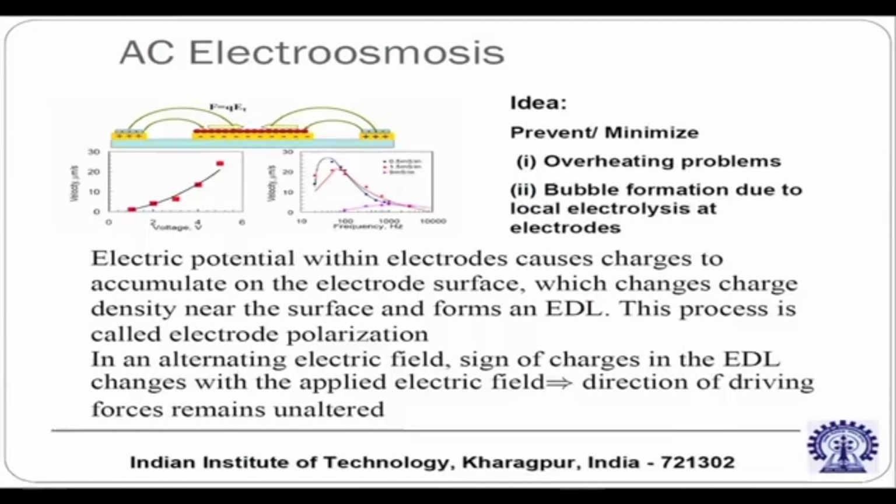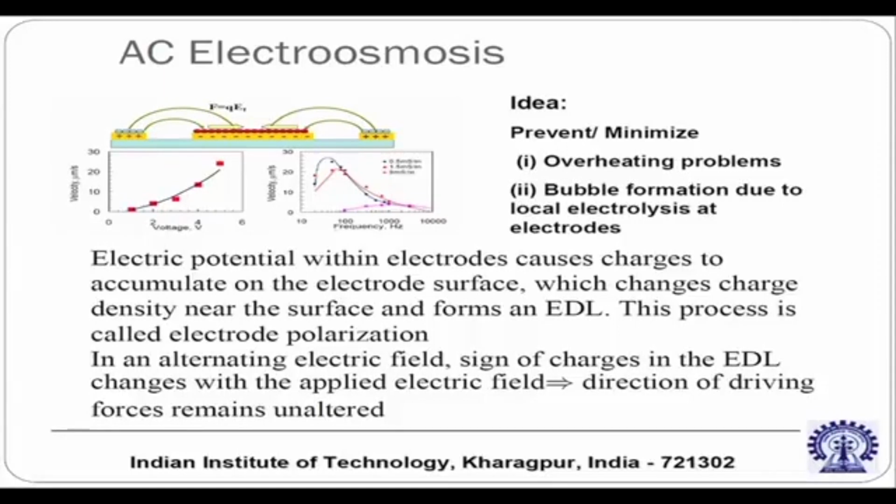Now electrical potential within the electrodes causes charges to accumulate on the electrode surface. You can see the schematic given in the slide. This changes the charge density near the surface and forms the EDL.